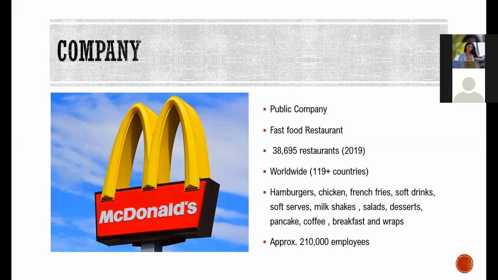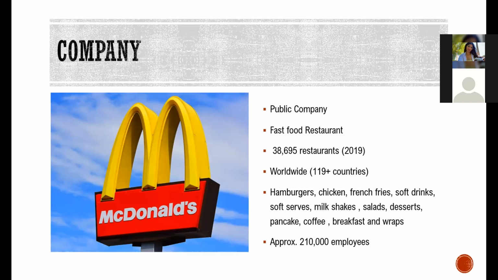Okay, again, McDonald's is an American fast food company, also the world's largest restaurant chain by revenue, serving over 100 countries and having 38,695 restaurants according to the last survey in 2019.